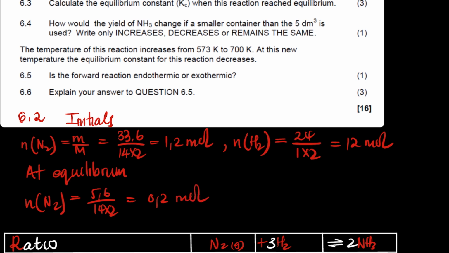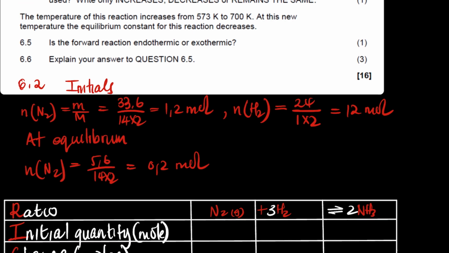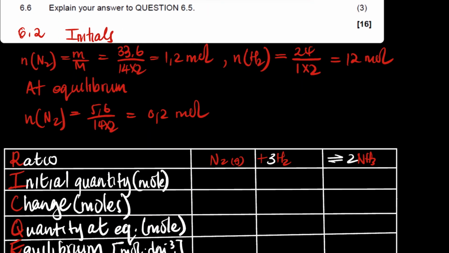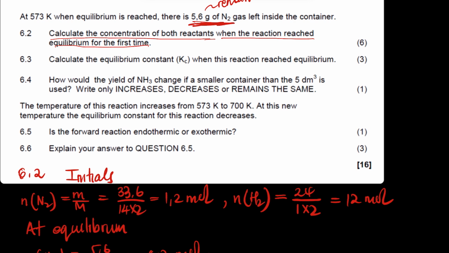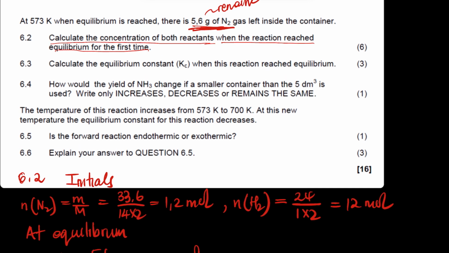I'm going to take these amounts and insert them in a table. It would give me the concentrations at equilibrium as the question requires. This question wants the concentration of the reactants, which are the hydrogen and nitrogen, at equilibrium for the first time.